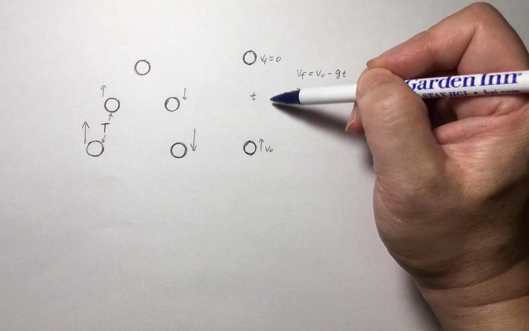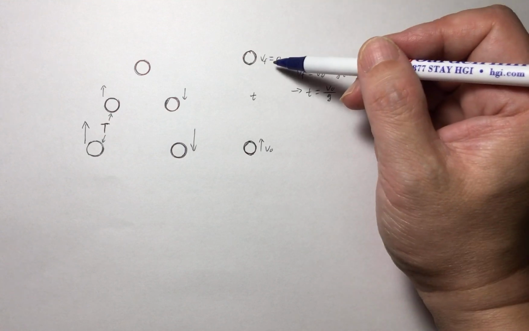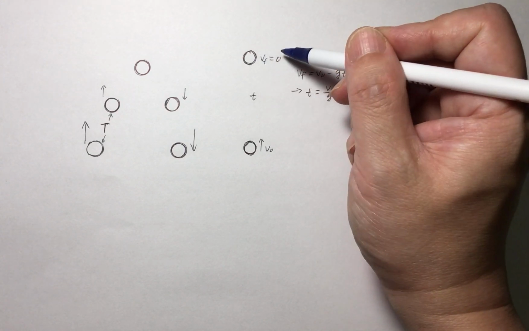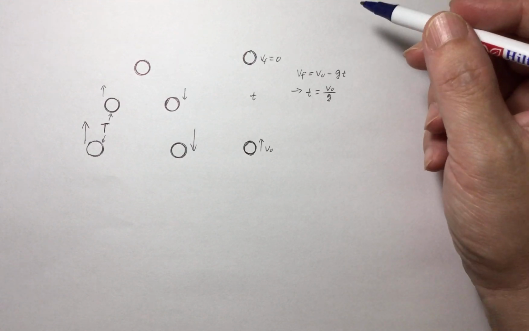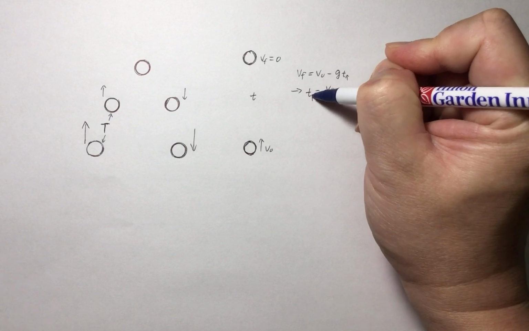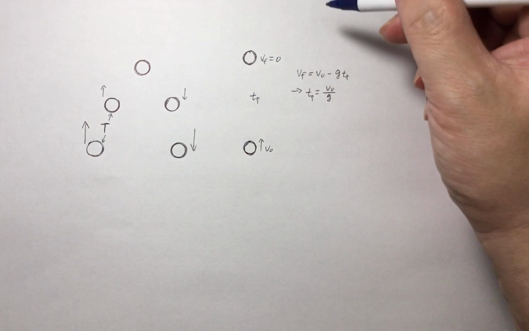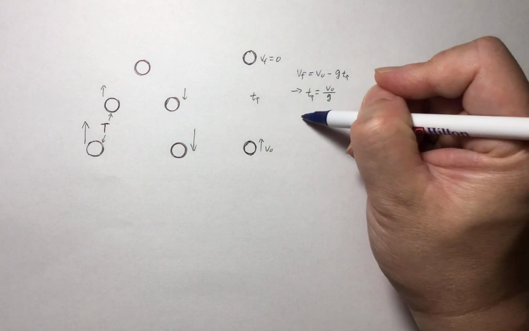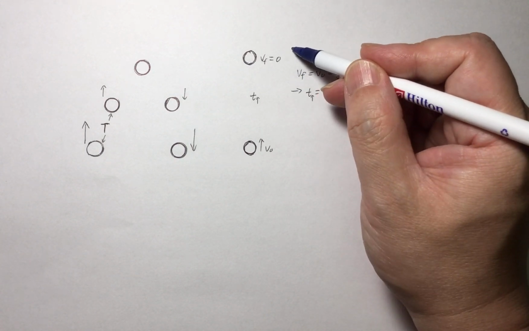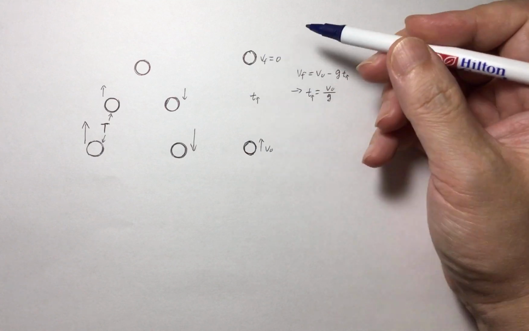And then it will fall back, and we will get the same result. So now we further define this t as t up. That means it goes up for t up, and then there's a t going down. That means it goes up, stops, and goes down.